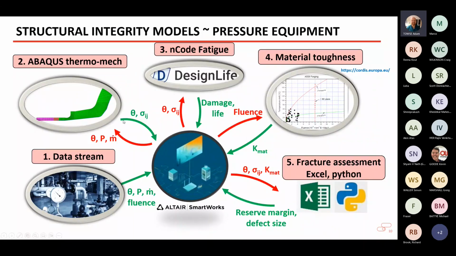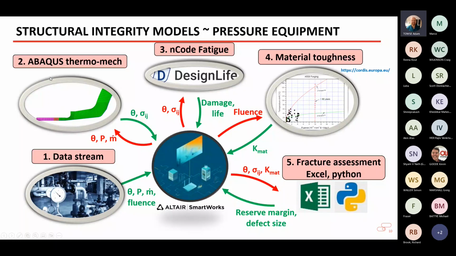Okay, so a specific example then of one thing that we've done. In this case, it was to do with a nozzle on a bit of pressure equipment. So we were feeding data to SmartWorks. In this case, it was a temperature, pressure, mass flow rate, and a neutron flux. Obviously, that's all synthetic.